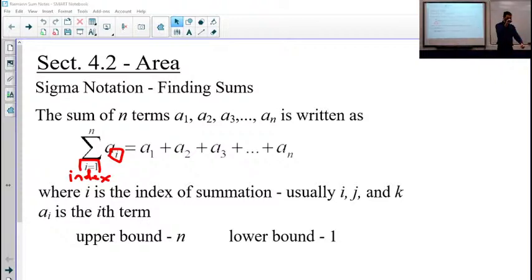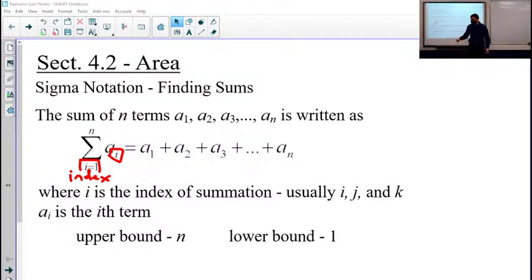It is making note of, and usually we put it in the subscript of the a. And this part of the sum is a way of saying how many terms we are adding. And so usually this n is some number.